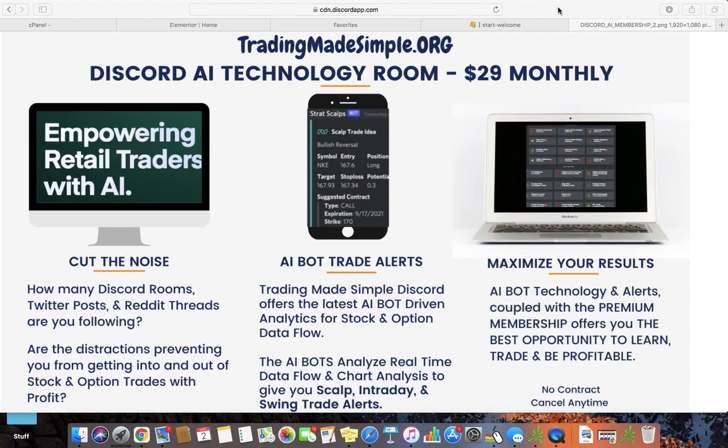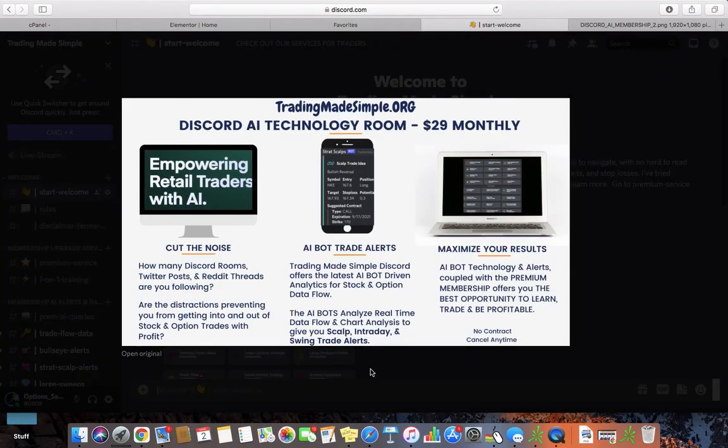The Strat is based on inside candles, outside candles, a combination thereof, etc. And so this service analyzes those charts and then gives you trade recommendations based on the alerts. And the alerts come in many different forms. They come in scalping alerts, intraday, and swing trade alerts. So this is something I just think is awesome.